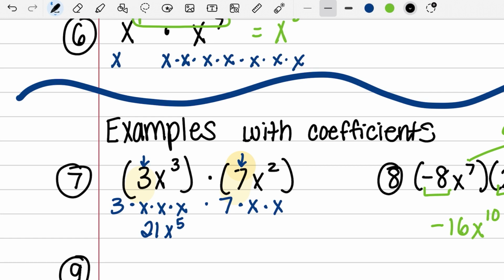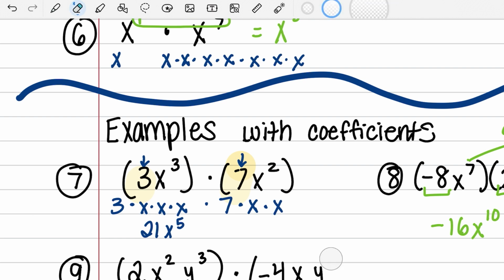Here's what I mean. So let's say I had 2x squared y cubed times negative 4xy to the power of 4.